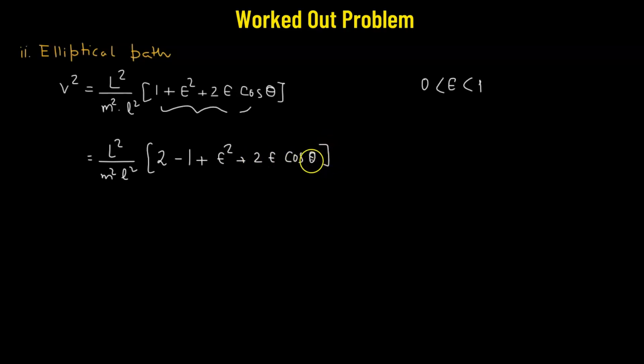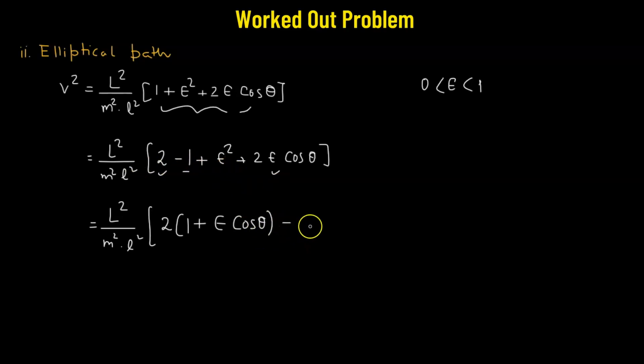So we are going to combine this 2 and this 2 epsilon cosine theta. So this is going to give us L squared divided by M squared times L squared. We have 2 common, so this will be 1 plus epsilon times cosine theta. And we'll combine the second and the third term. Let's take negative as the common factor. So we have 1 minus epsilon squared.